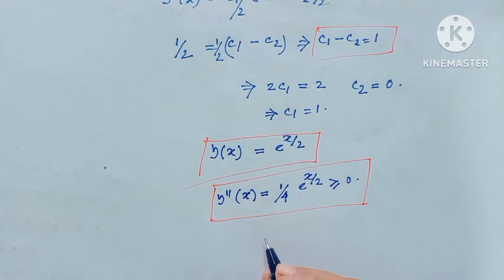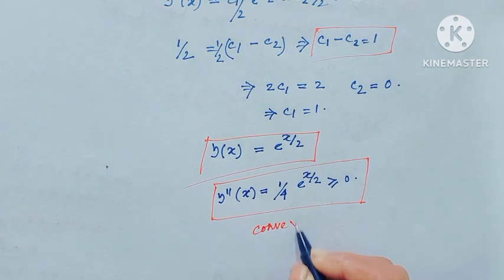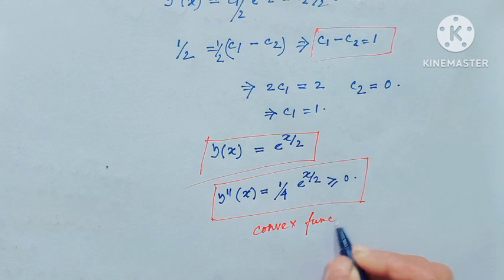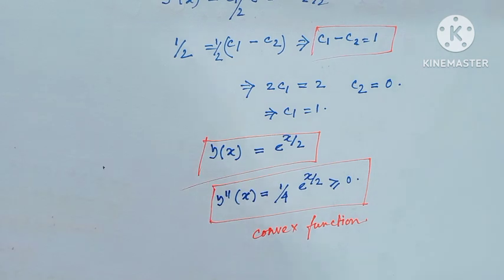So obviously this function is a convex function, because when y double prime(x) is greater than 0, the function is always convex, we all of us know.